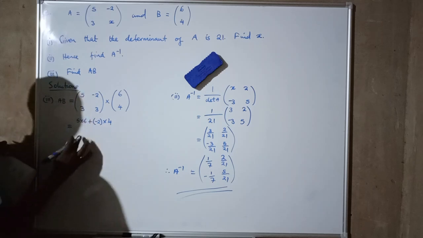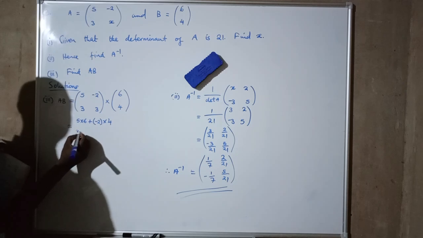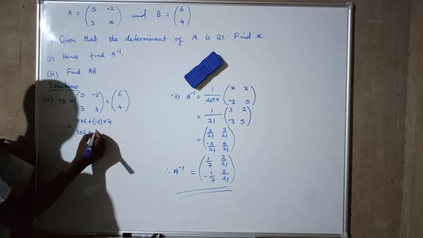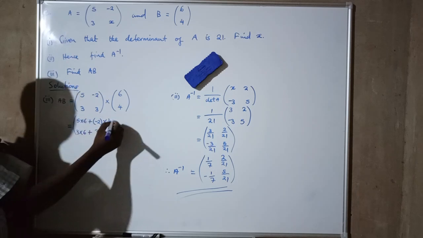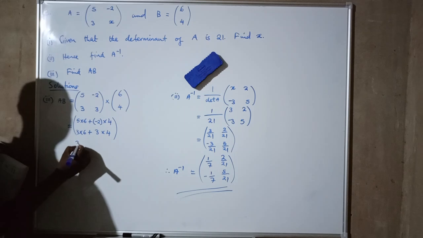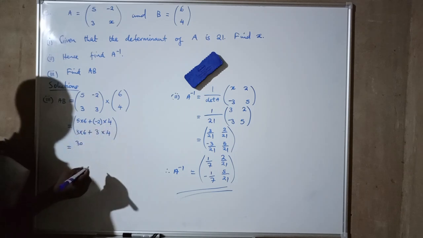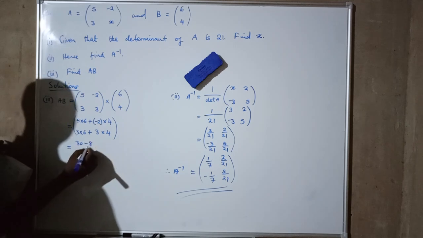Then we'll say again here 3 times 6 plus 3 times 4. So say equals 5 times 6, 30. Then -2 times 4, -8. So here it will be -8.